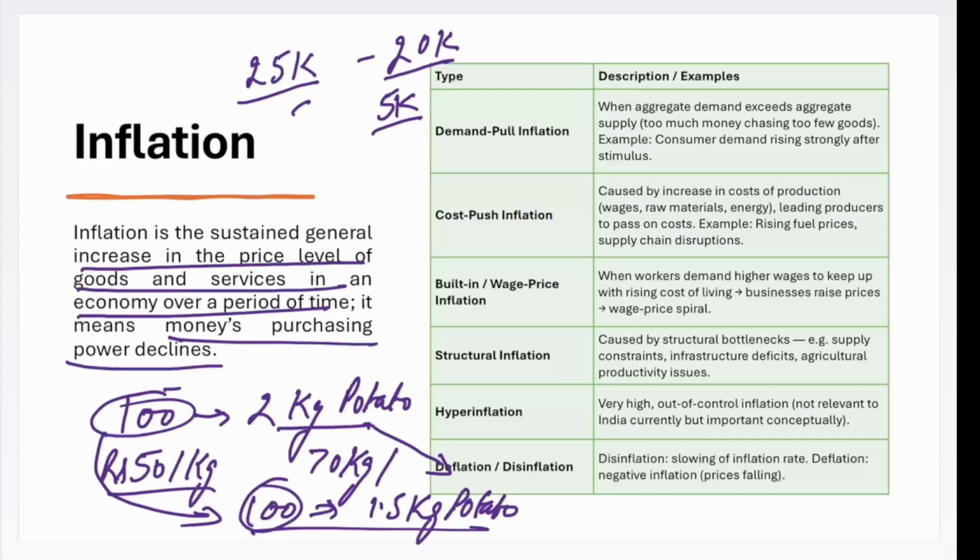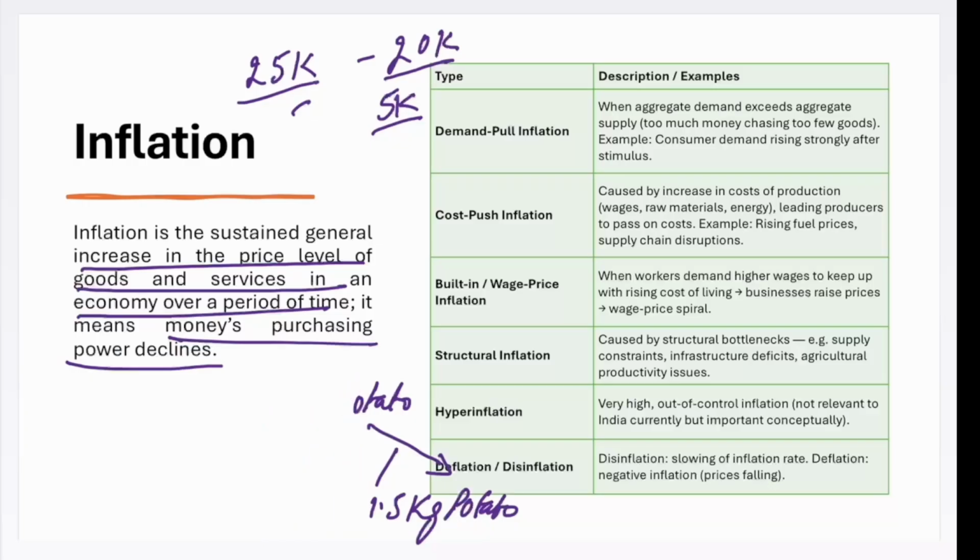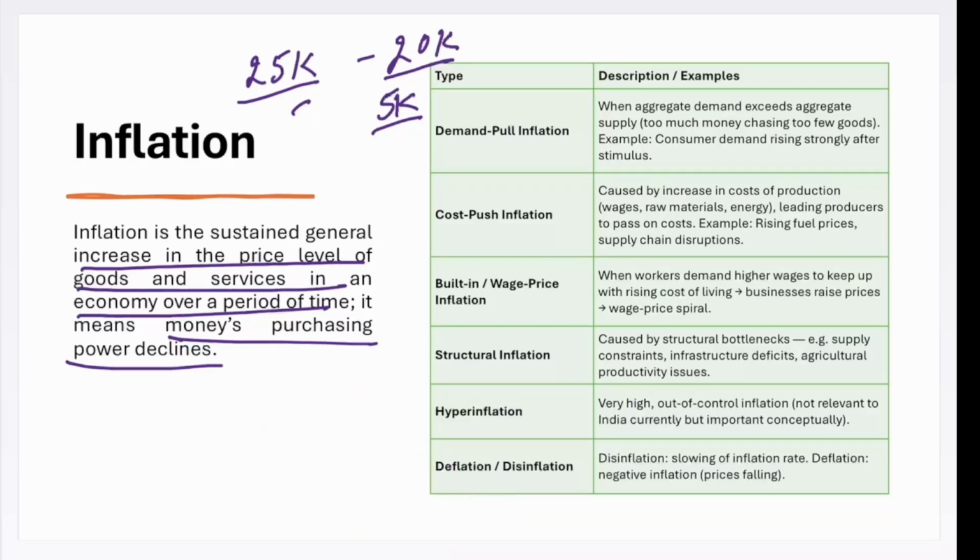So it is the decline in the purchasing power of money. The same money that could buy 2 kg of potato earlier was able to buy only 1.5 kg because the price has gone up, and this rise in prices is what we call inflation. So that is the basic idea of inflation.